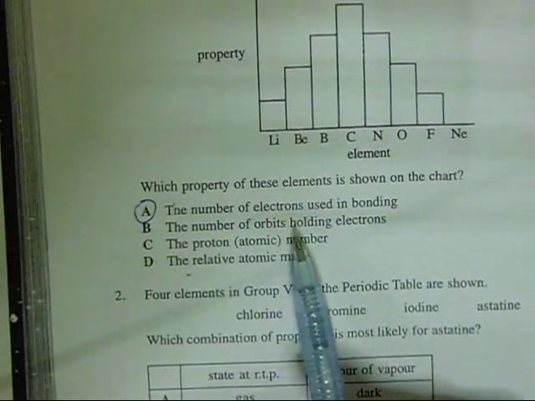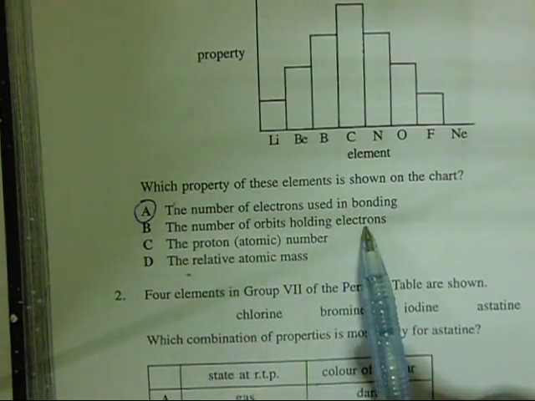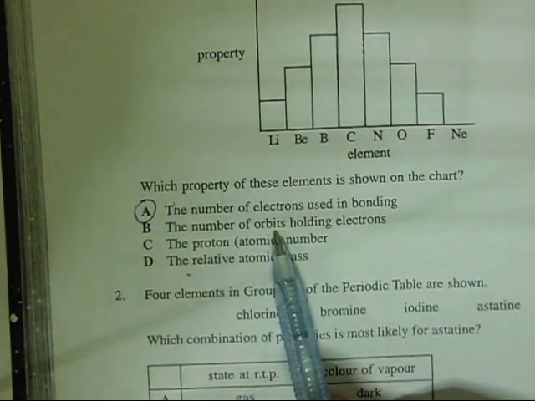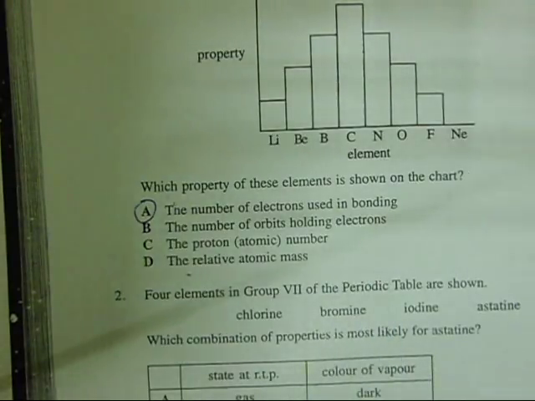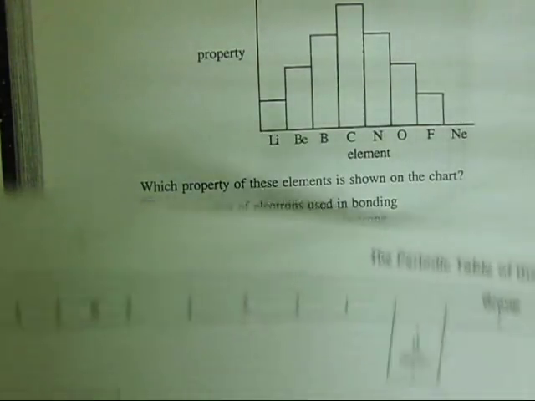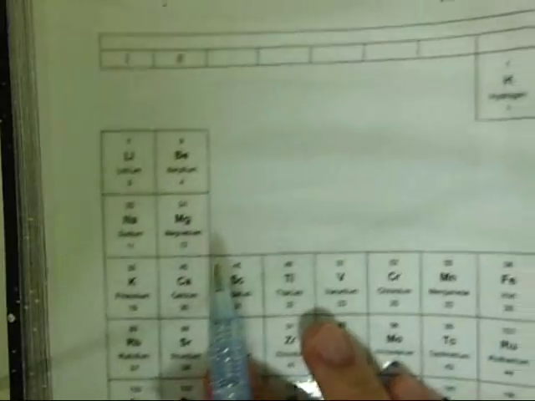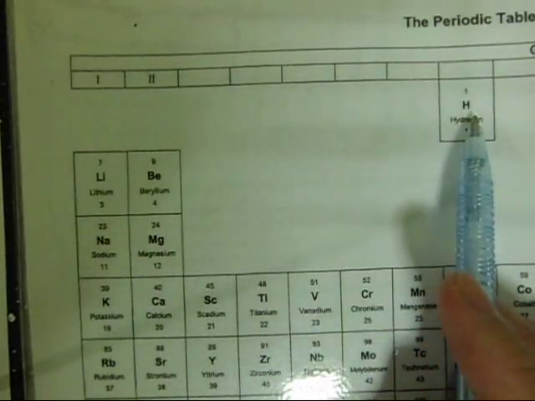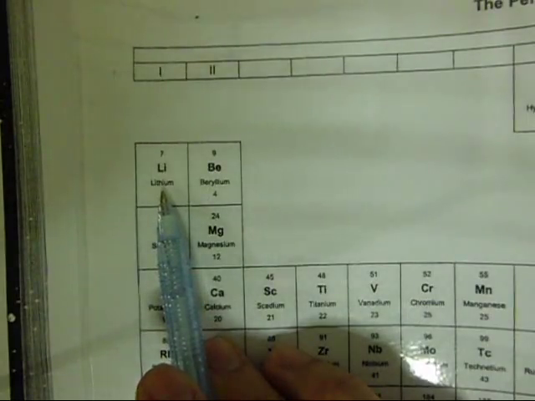Now let's look at other options. The number of orbits holding electrons. Another word for orbits would be electron shells. So for lithium, how many electron shells are there holding the electrons? Lithium is in period 2. Period 1 is hydrogen, period 2 is lithium, so it has 2 electron shells holding the electrons.